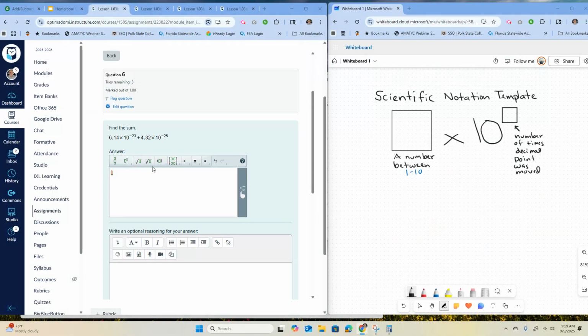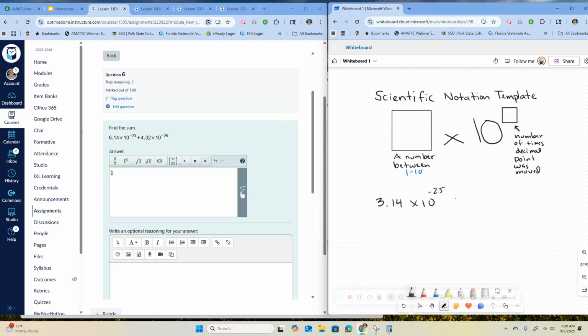And problem number 6, now we're going to be adding two numbers in scientific notation. I'm going to change the numbers. I'm going to give you similar ones. So let's say you have something like this, like 3.14 times 10 to the negative 25th power.